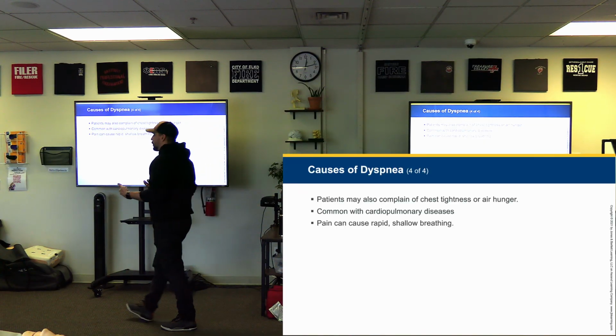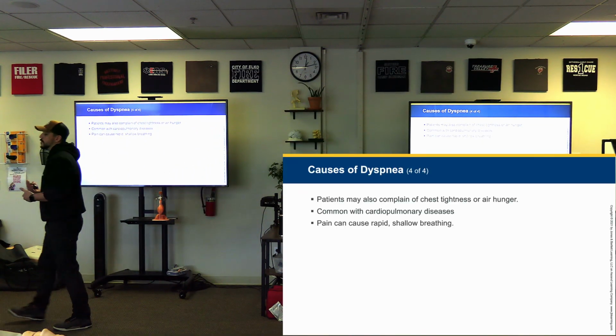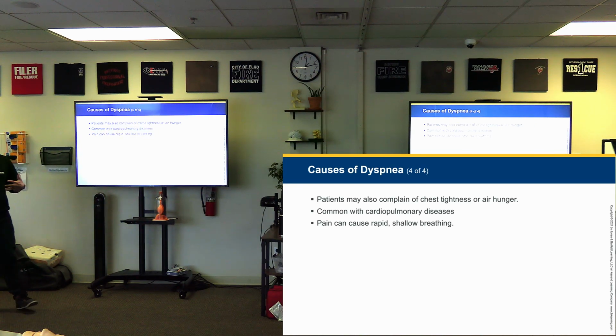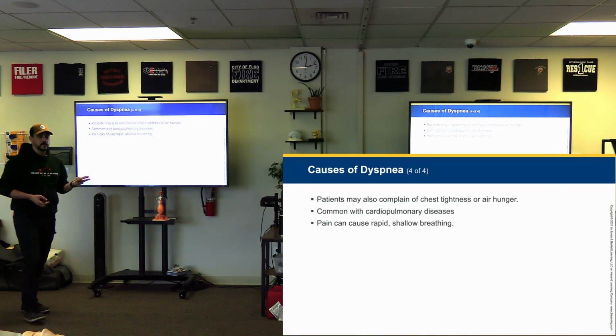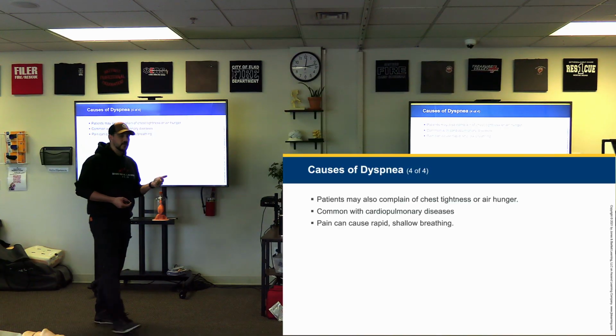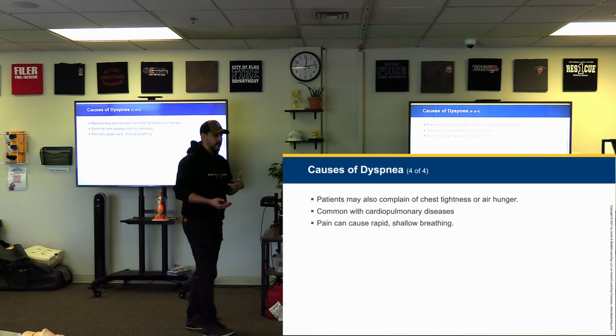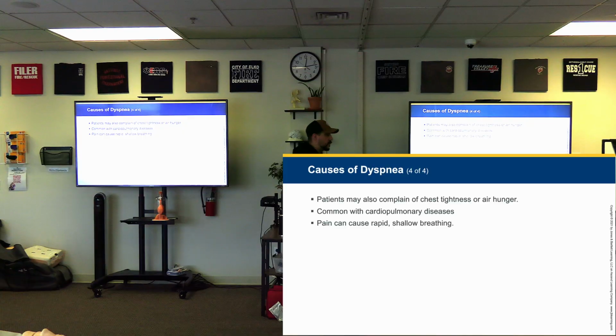So what the body will do at that point is, instead of using 3 to 4 really good breaths, say, I know what I'll do, because it hurts to take one big breath, I'll just supplement that with 4 small breaths, right? So we start to get that rapid, shallow breathing, which, if we think about it, we are designed to live within a certain rate of breath, 12 to 20 breaths per minute to be textbook precise. If we start to deviate from that, we start to have abnormal findings as well as abnormal reactions to it.